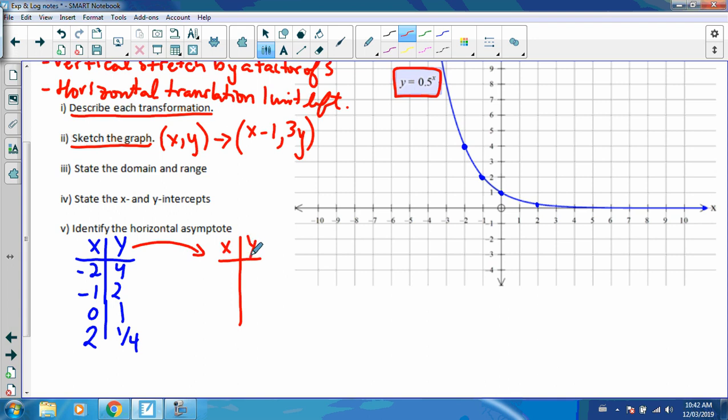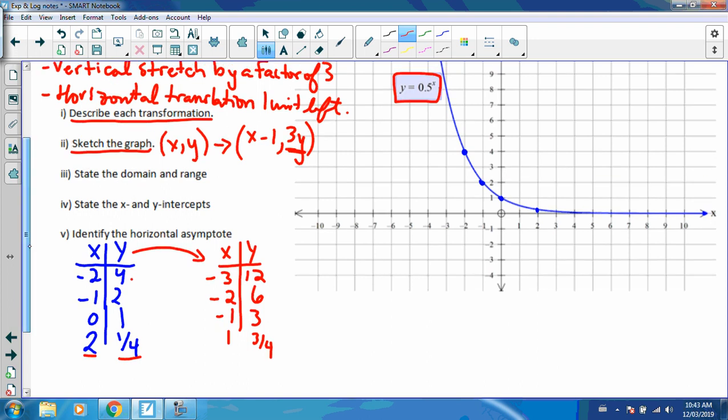I'm going to take each of the x values and subtract 1. So -2 minus 1 is -3, -2, -1, and then the last one, 2 minus 1 is 1. And then I'm going to take each of the y values and times them by 3, because that's my mapping rule. So this 4 is going to become 12, 3 times 2 is 6, 1 times 3 is 3, and then 3 times a quarter is 3/4.